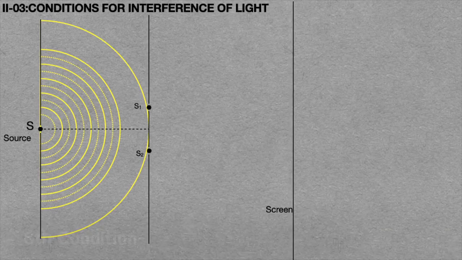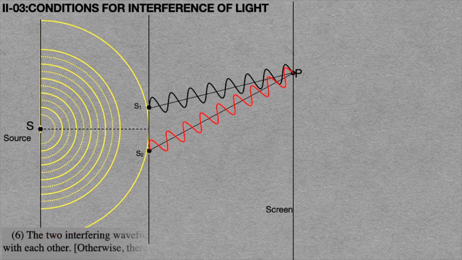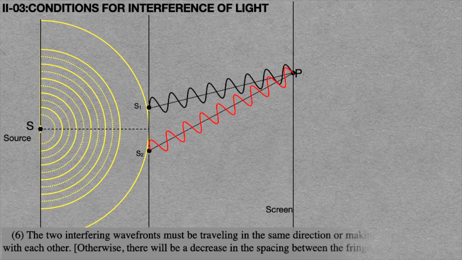Next, the sixth condition was shown in this animation. If the light wave emerging from light source S1 and the light wave emerging from light source S2 form an interference pattern at P on the screen, then the interfering wavefronts must be traveling in the same direction or making a very small angle with each other.